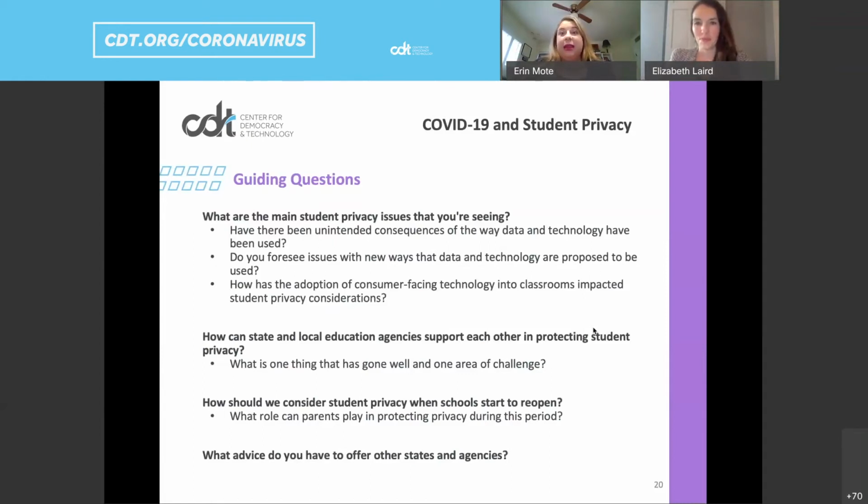More broadly, we're seeing a couple big things happening, particularly as it relates to COVID. In a rapid transition to remote learning, particularly for schools who weren't using a ton of digital tools before, there's a huge use of consumer tech without an understanding of how to manage permissions.